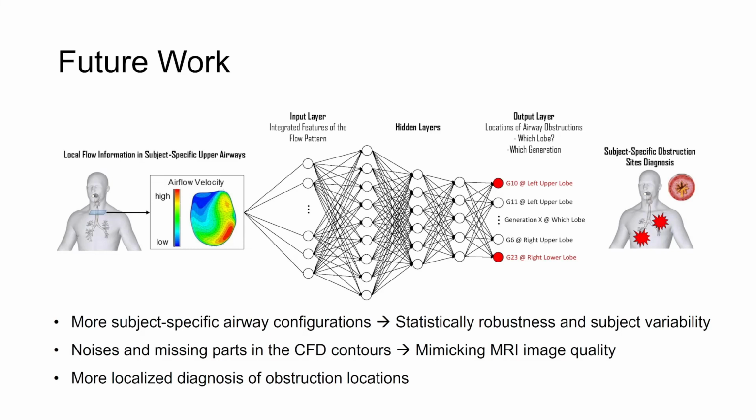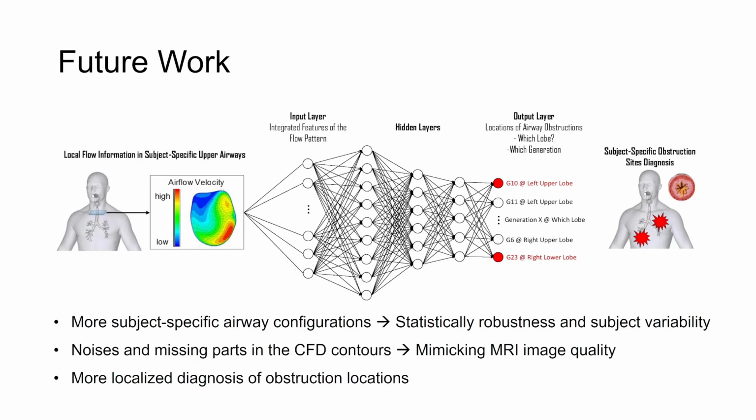For future work, we would like to involve more subject-specific airway configurations to address subject variability. Also, we want to add noise to our CFD contours to mimic the MRI image quality that could be used in clinical practice.